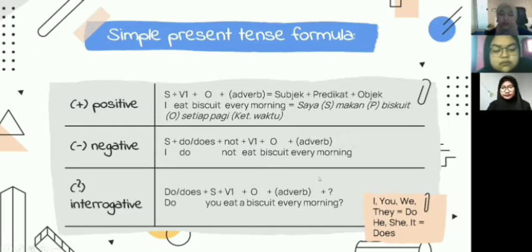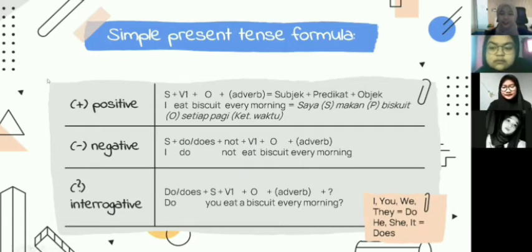For example, he does, she does, it does, plus not. Because in the positive, we do not use do or does. Did you get it? Yes, Miss, of course. Great.